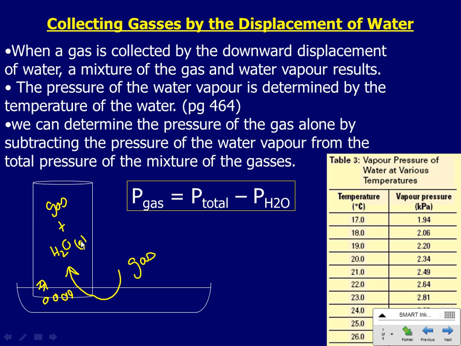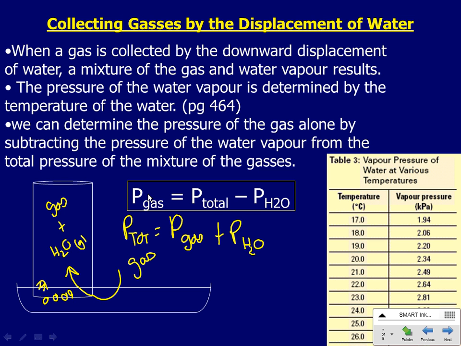So if we were to write this out like Dalton's equation, we would have pressure total is equal to the pressure of the gas plus the pressure of the water. And you'll notice in this equation here, I've simply brought the pressure of the water to the other side to leave the pressure of the gas by itself, which means if I just want the pressure of the gas, I simply have to take the total pressure, the atmosphere, and subtract off the pressure of the water.